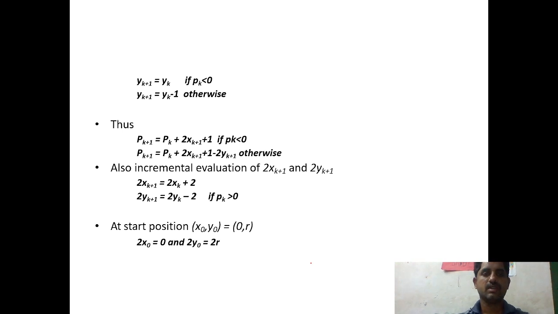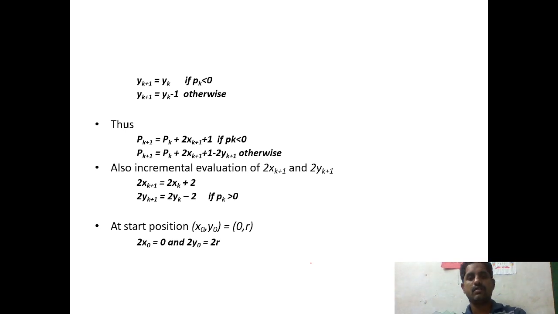Here yk plus 1 equal to yk if pk less than 0, and yk plus 1 equal to yk minus 1 otherwise. Thus pk plus 1 equal to pk plus 2xk plus 1 plus 1 if pk less than 0, otherwise pk plus 1 equal to pk plus 2xk plus 1 plus 1 minus 2yk plus 1.